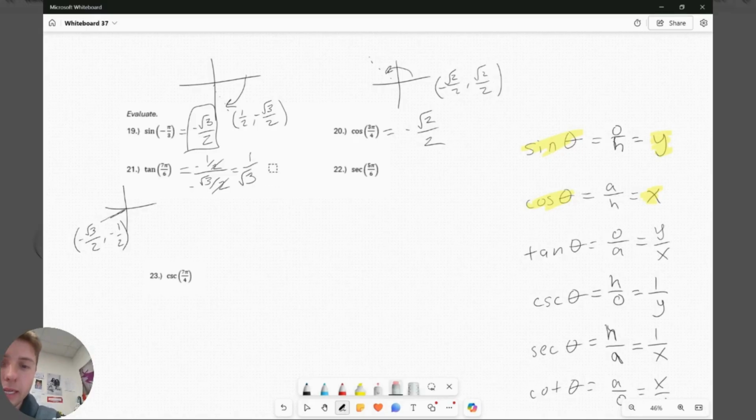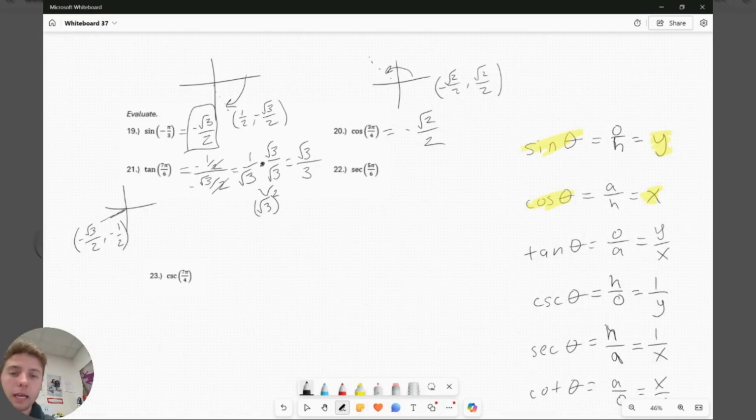In math, we don't like to have denominators that have a root in them, so we can rationalize it by multiplying by root 3 over root 3. 1 times root 3 on top is root 3. Root 3 times root 3, that's the same thing as root 3 squared, which would just be 3. Our answer to tangent of 7 pi 6 is root 3 over 3.